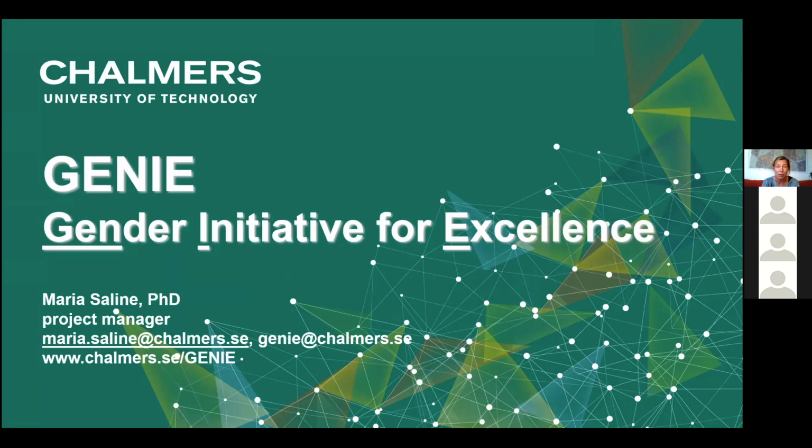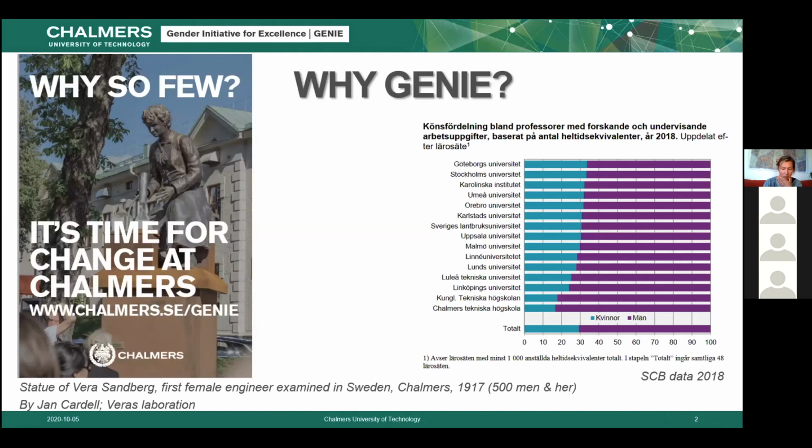I hope some of you have heard of this GENIE project. That's a big part of why we're doing it. But basically, it's at Chalmers. And one can ask, why did GENIE start at Chalmers? And I think mainly the reason is that we're the worst. If you look at the numbers, Chalmers has the least number of female professors.